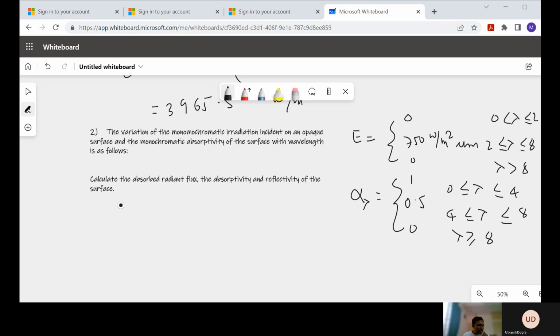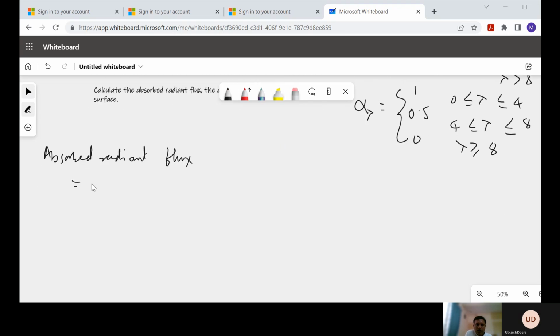So what we have to calculate is absorbed radiant flux. Now absorbed radiant flux will be what? Alpha lambda E d lambda. So absorbed radiant flux, we can write this as, let me just scroll a little bit up, 0 to infinity alpha lambda E lambda d lambda.